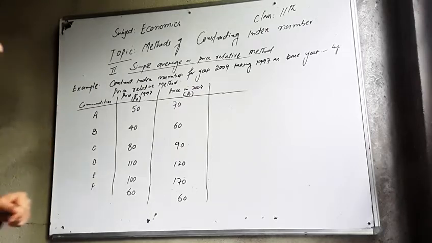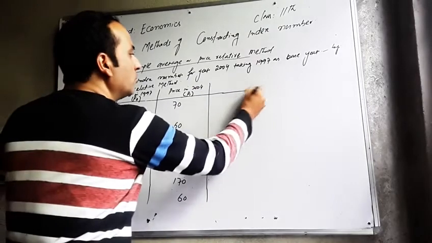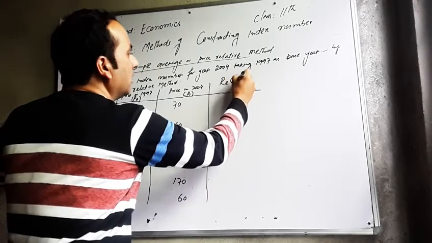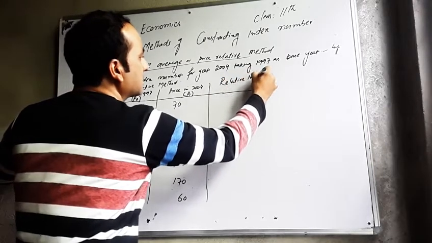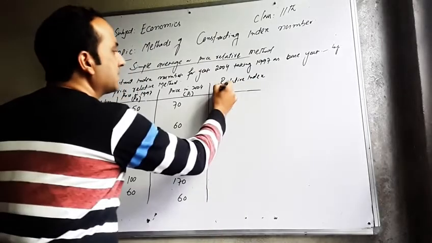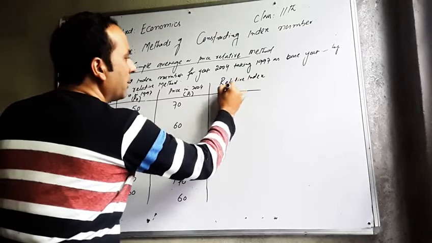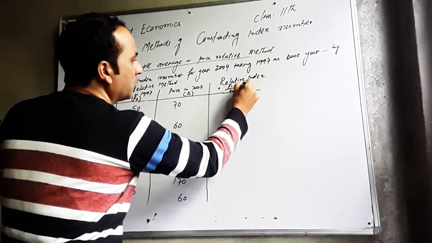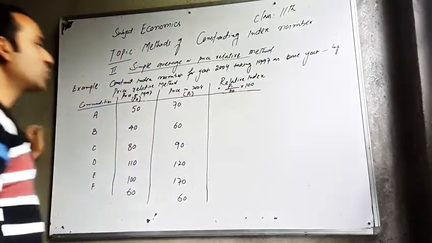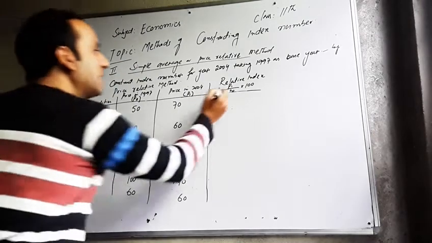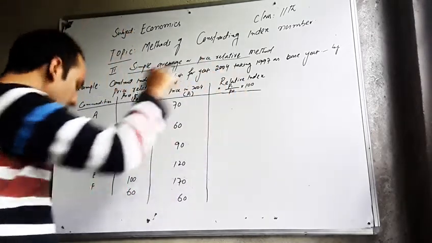So under this method what we do, हम पहले निकालेंगे relative index. Relative index is equal to P1 divided by P0 into 100. So P1 is the price in the current year divided by price in the base year multiply by 100.